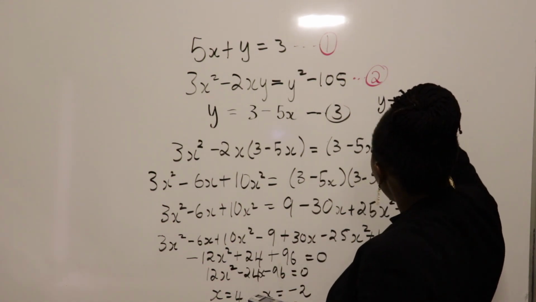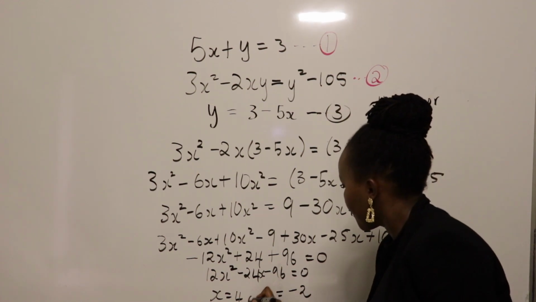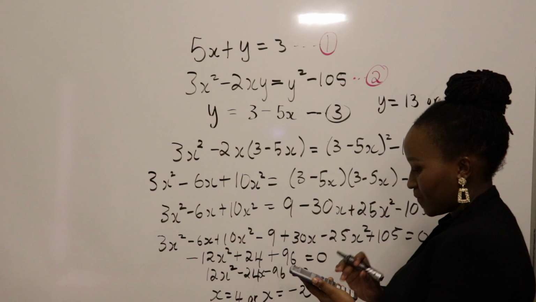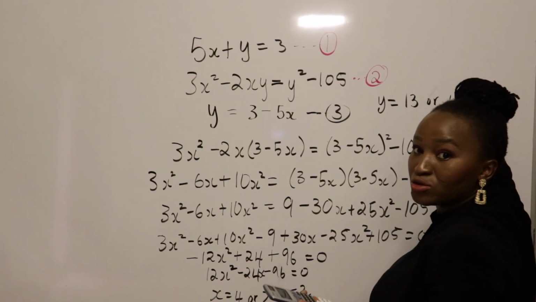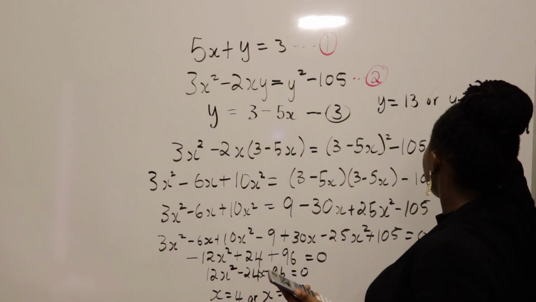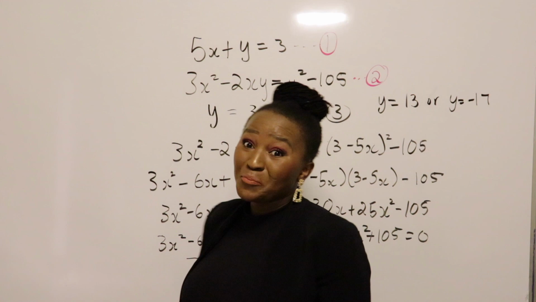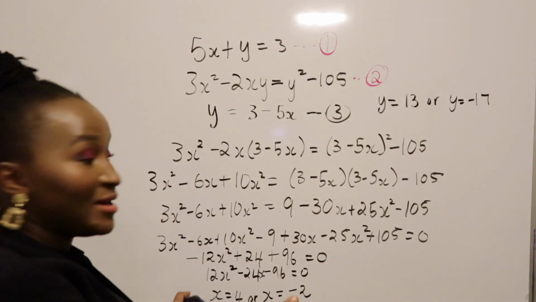This will give me y is 13, or if I put 4 here, it will give me y equal to minus 17. So that is my question 1.1.4. I know guys, it's very long and I hope you can see everything there.